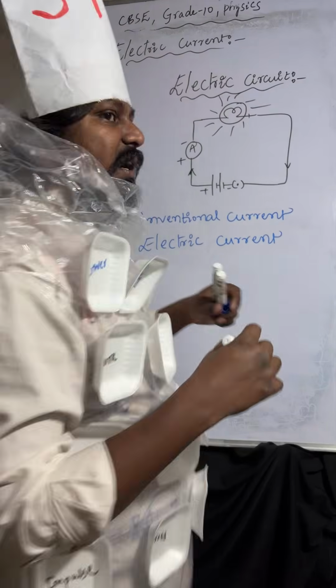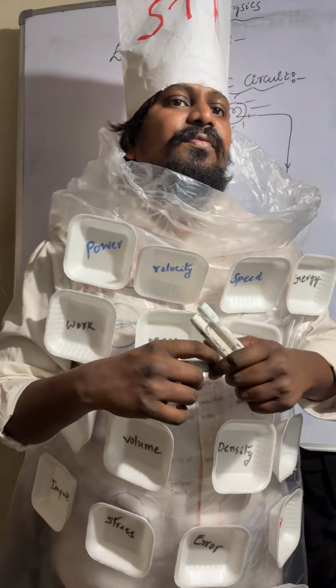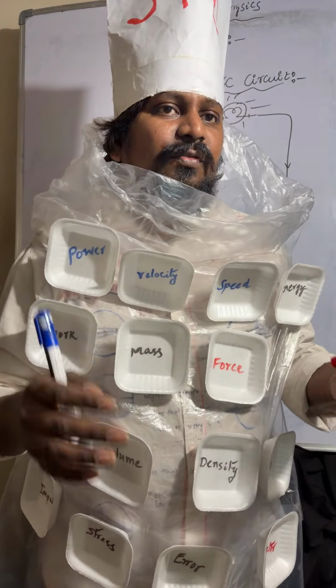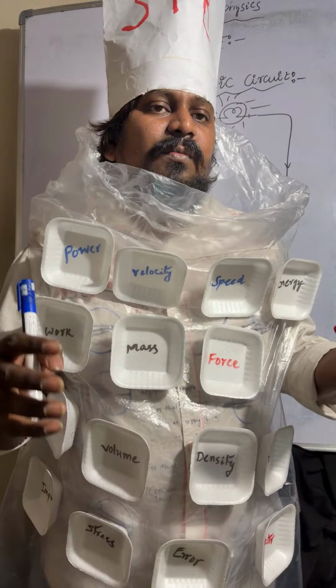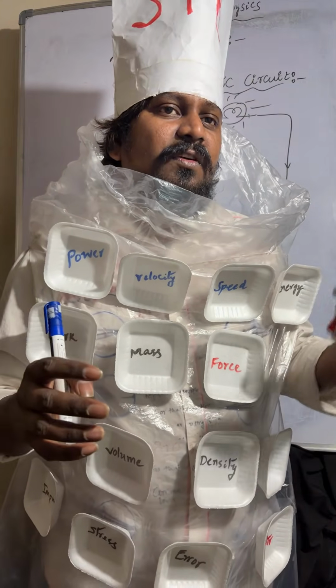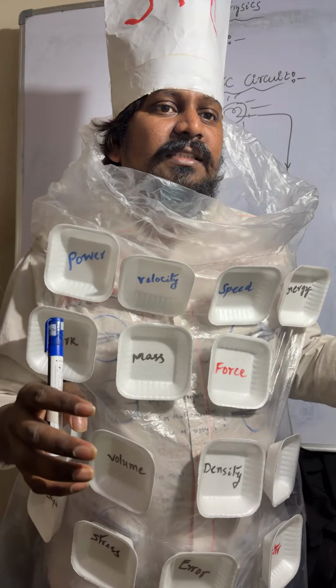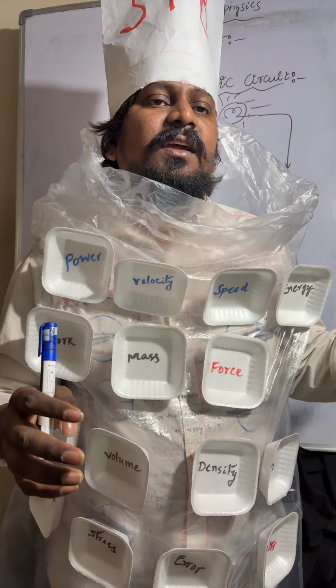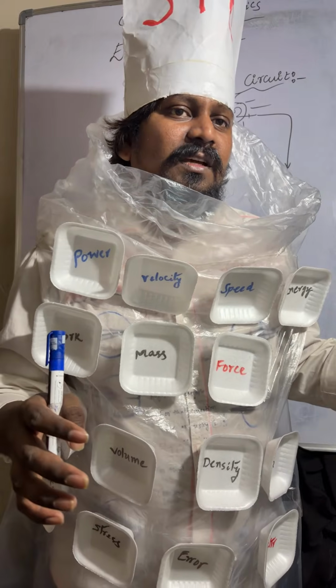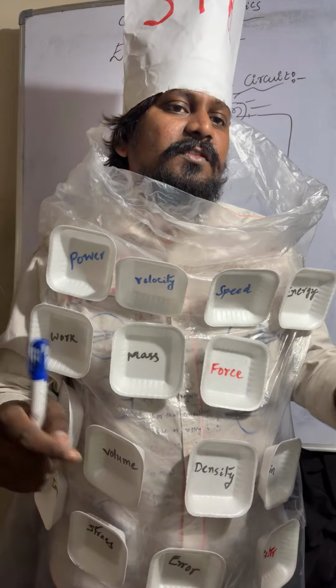Conventional current is nothing but the flow of positive charges. Positive charges are moving from positive terminal to negative terminal, whereas electrons are moving from negative terminal to positive terminal.